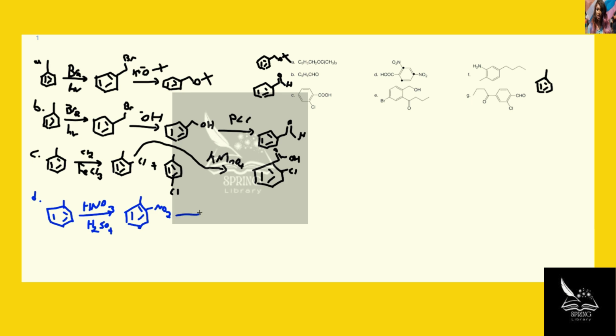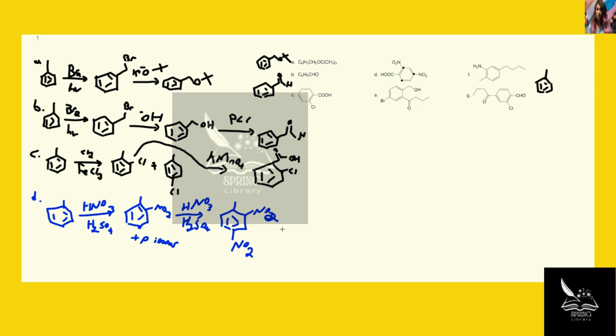So then if I add in the HNO3 with H2SO4 again, it's more likely it's going to hit the para position. NO2, and then there's going to be an NO2 here. And also this is the plus the para isomer for this step, but we'll move on forward with only the ortho isomer.